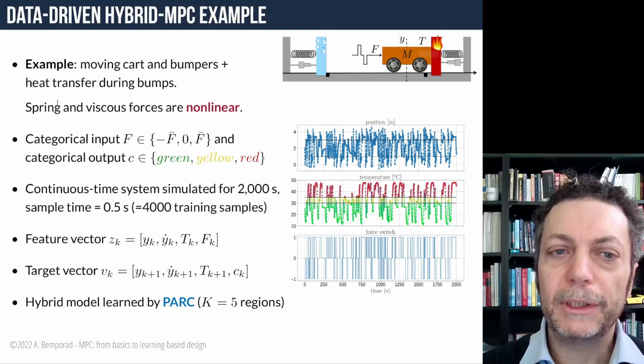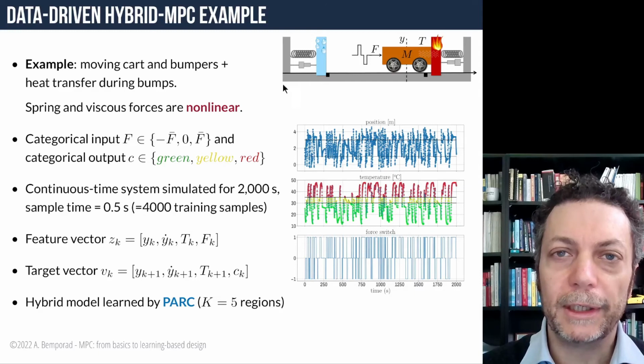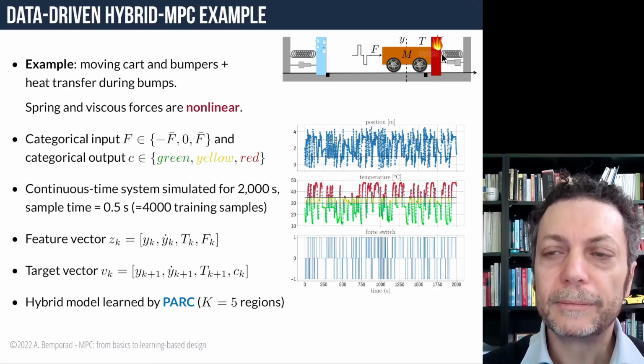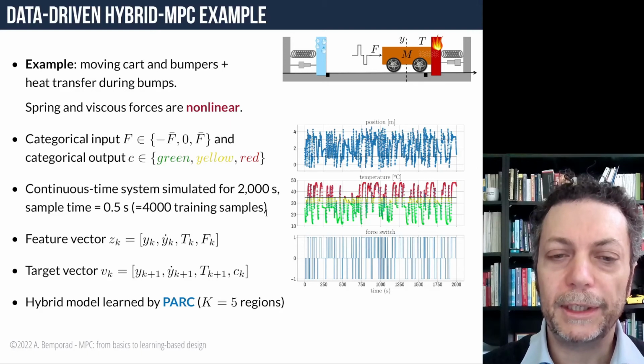And I'm assuming the spring and the viscous forces here are nonlinear, so the dynamics overall is nonlinear, and is also switching dynamics, because as the cart hits the bumper, then they move together, and while moving together, they will transfer heat. So the two states here are position and velocity, and the temperature of the cart.